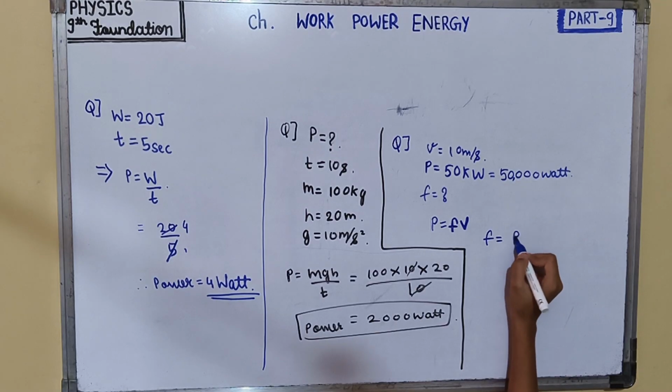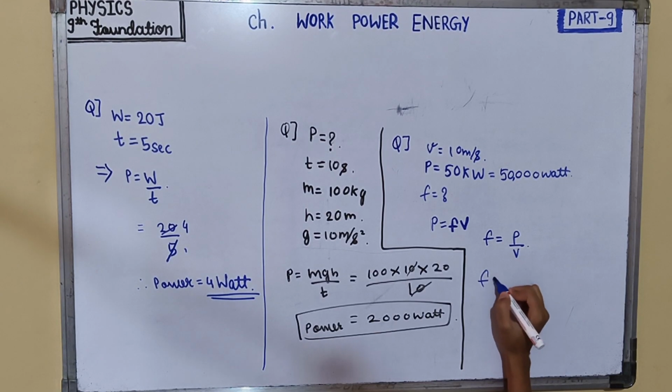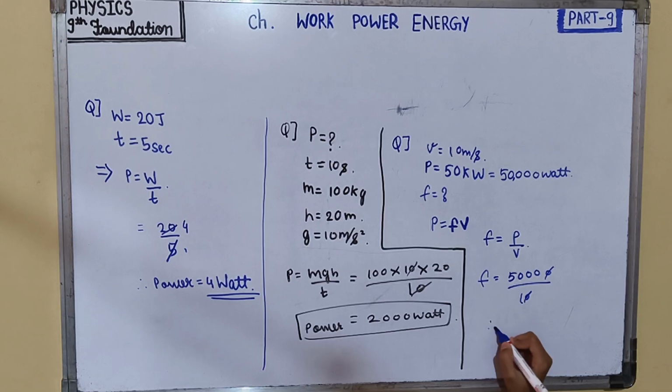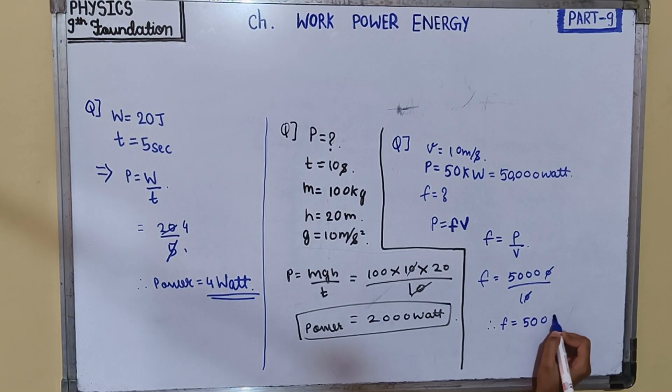Force would be equal to P upon V. So, F is equal to 50,000 upon V, which is 10. Therefore, the force applied is 5,000 Newton. Unit of force is Newton. This is the answer. I hope you have understood this.